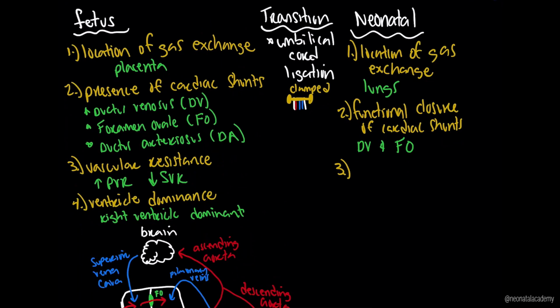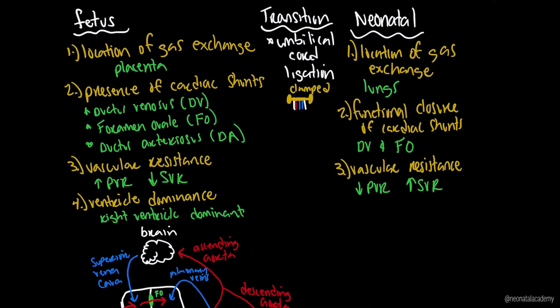Next, we're going to have a switch in vascular resistance. So now that the lungs are performing gas exchange, they're empty of fluid, they're now aerated, we are going to have a switch to decreased PVR, or pulmonary vascular resistance. And now that the systemic vascular resistance has all of the blood from the placenta, we're going to have an increased systemic vascular resistance.